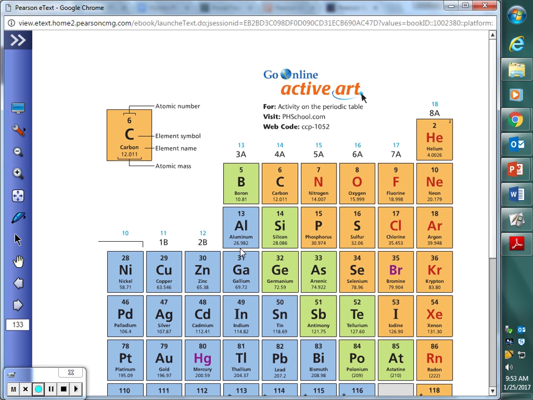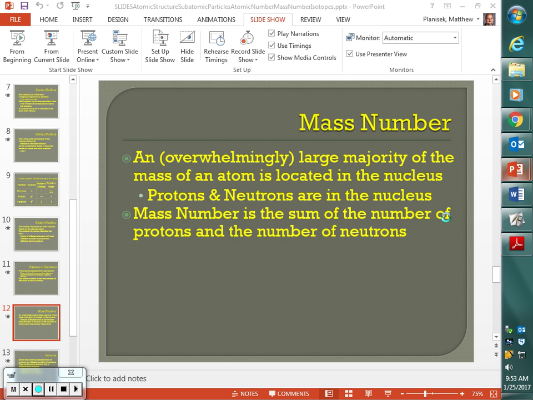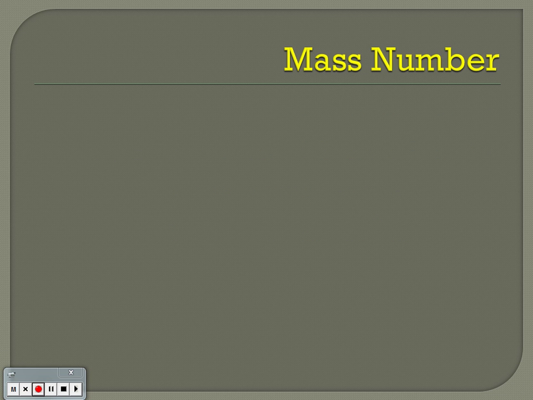The atomic mass is not the same as the mass number, okay? So don't make that mistake that you can find the mass number on the periodic table. It doesn't show up on the periodic table. And here's why.